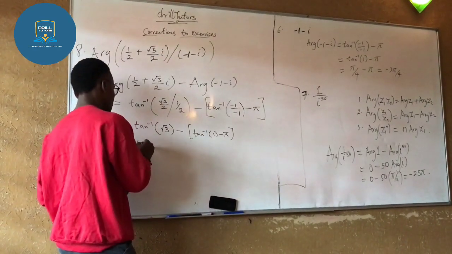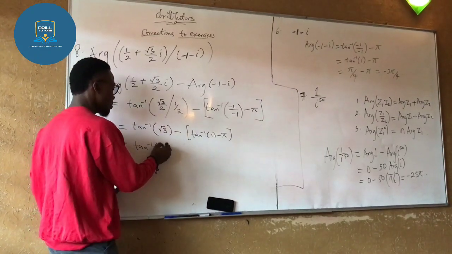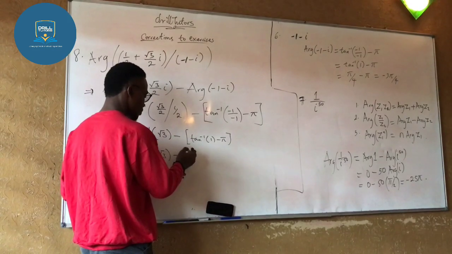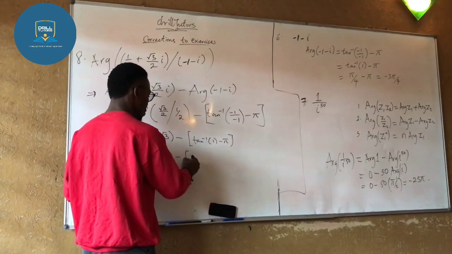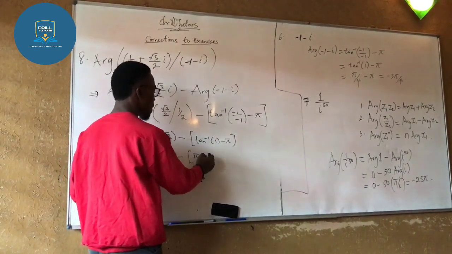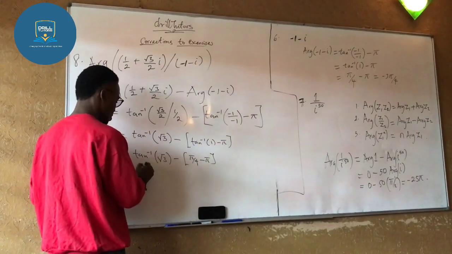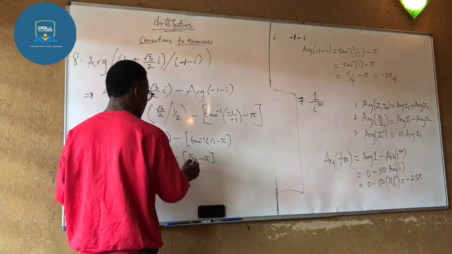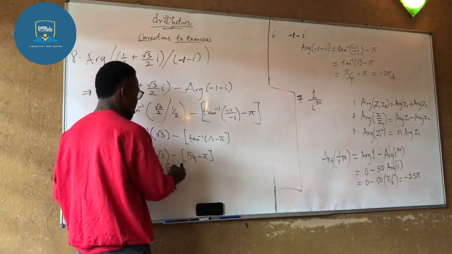And this is, of course, tan inverse of root 3, which is pi over 3, minus tan inverse of 1, which is pi over 4, minus pi, which gives minus 3 over 4 pi.